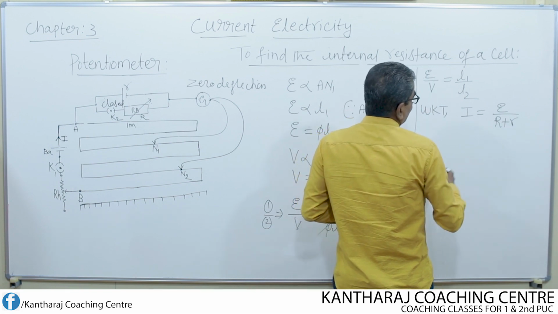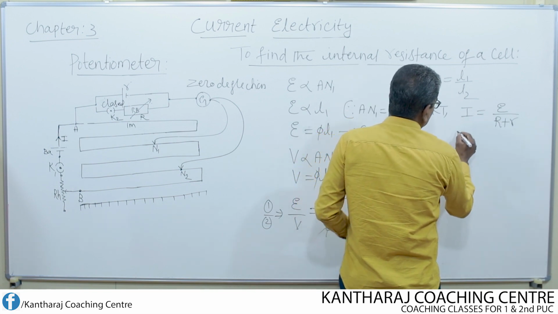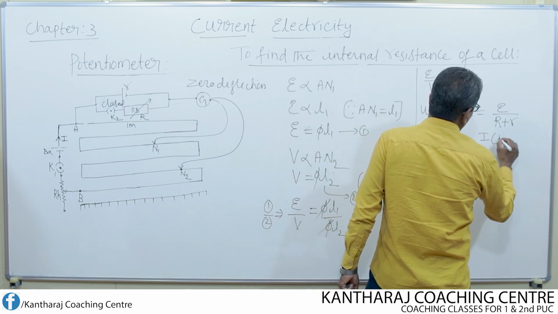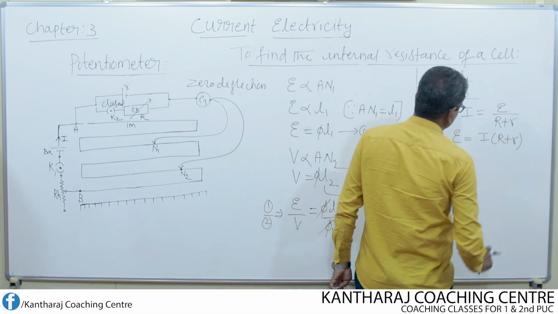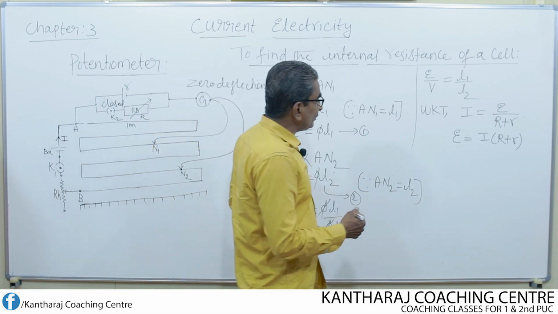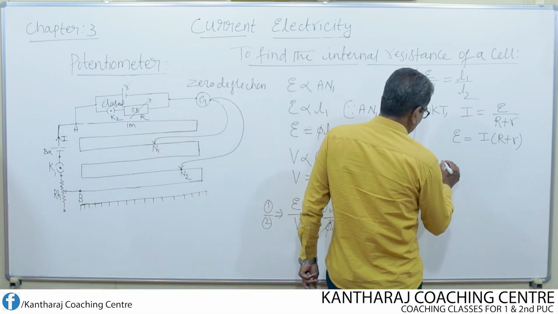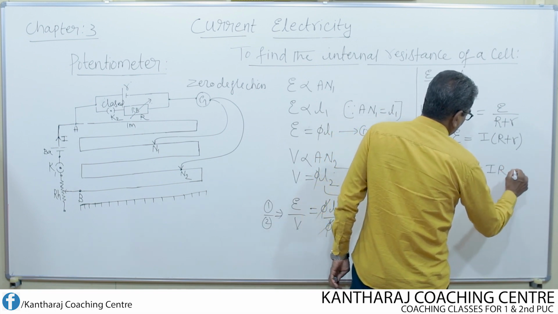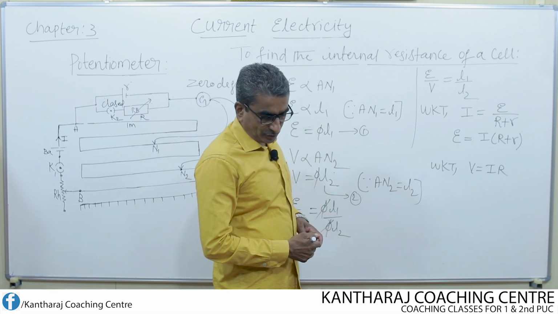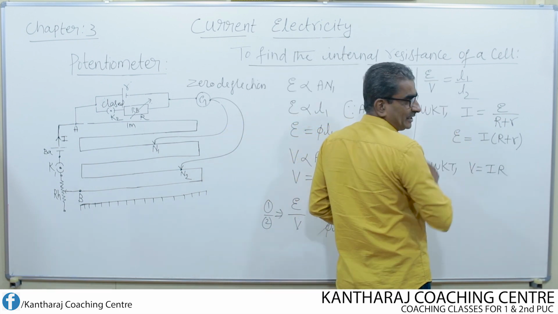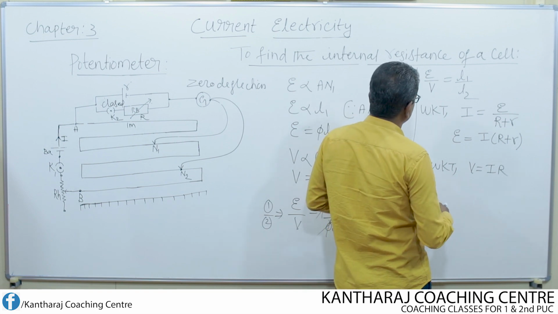Now if you cross multiply this, what do we get? We get E equal to I into R plus r. Then we also know that V equal to I into R. Now if I substitute these two into this equation, what do I get?